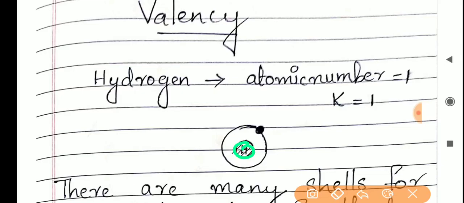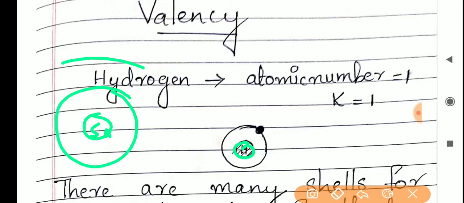It is the same as our solar system. At the center of the solar system is the sun, and around the sun there are planets.